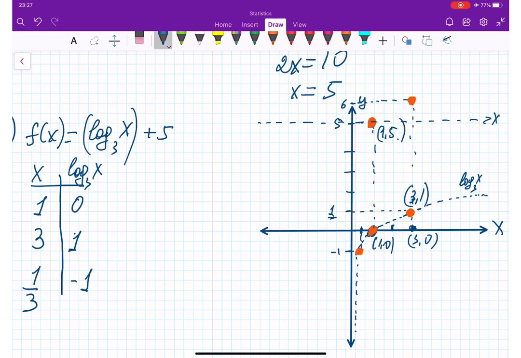Now I'm going to move this point. What's the exponent at this point? It's positive 1 and negative 1. So now since I have to shift y by 5, negative 1 plus 5 is going to be positive 4, right? So it's going to go up and be right here, 4. Which means the graph is going to go like this.